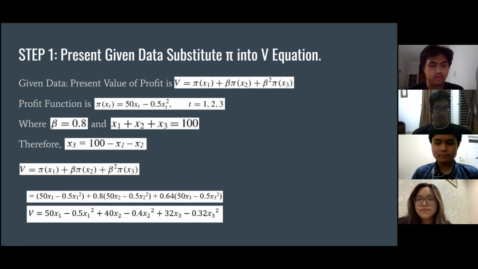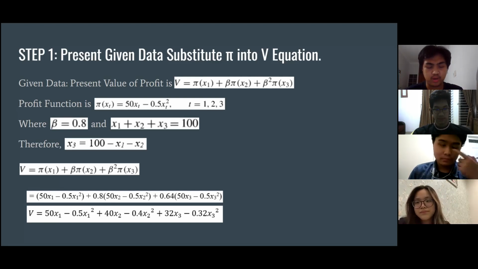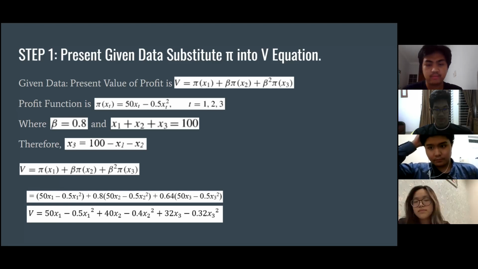Now, since we've already concluded that V equals pi(x1) plus b pi(x2) plus b squared pi(x3), we can substitute pi into the V equation. So it would be (50x1 minus 0.5x1 squared) plus 0.8(50x2 minus 0.5x2 squared) plus 0.64(50x3 minus 0.5x3 squared).